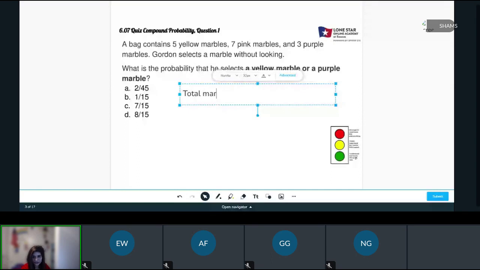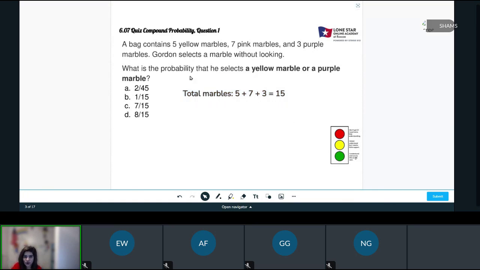So total marbles is 5 plus 7 plus 3. The total number of marbles in this particular bag turns out to be 15 marbles. Any questions? It's important that you know your total.